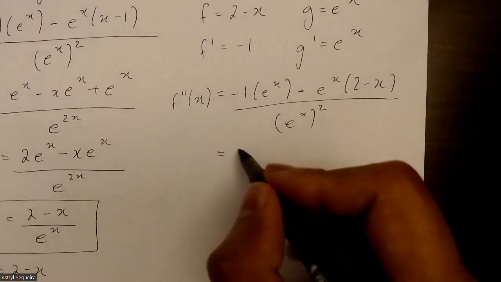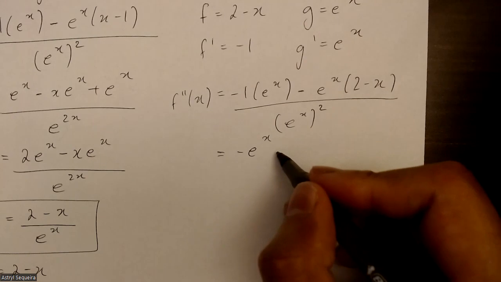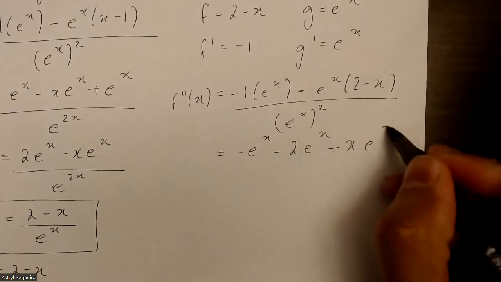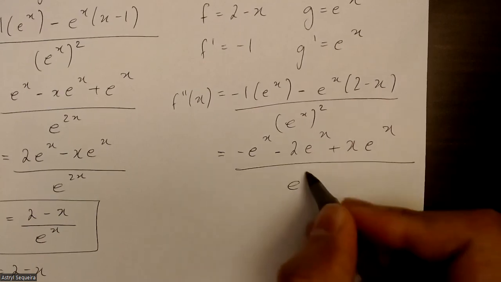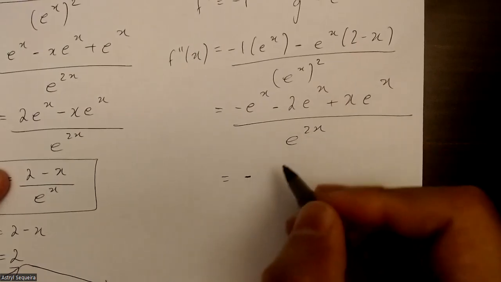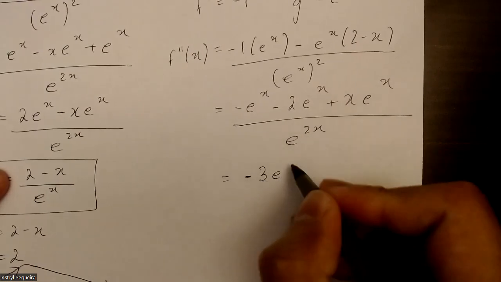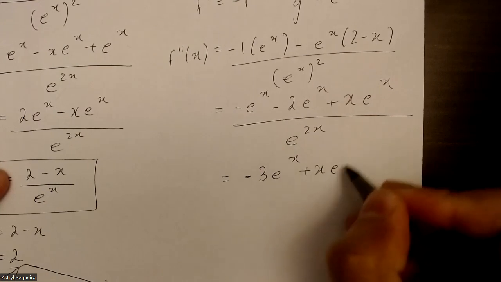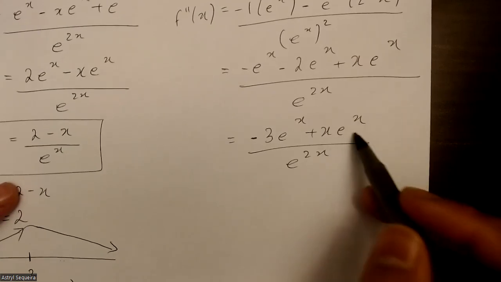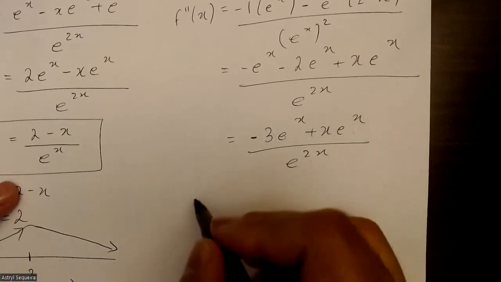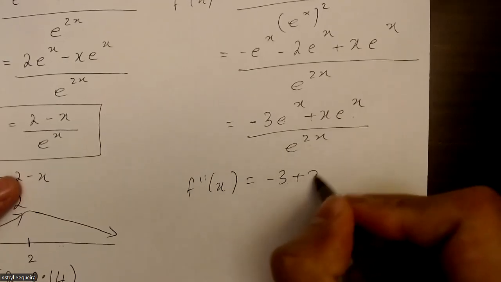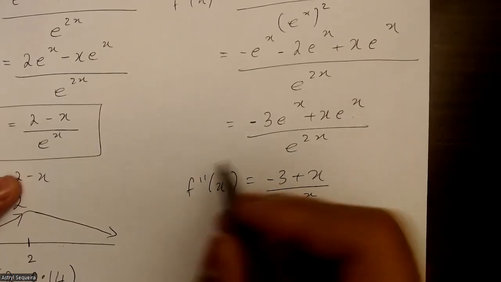I will simplify the top. I'll combine like terms in the top. And I'll cancel out an e from all three of these again, because it's possible. So my second derivative is just negative 3 plus x over e to the x.